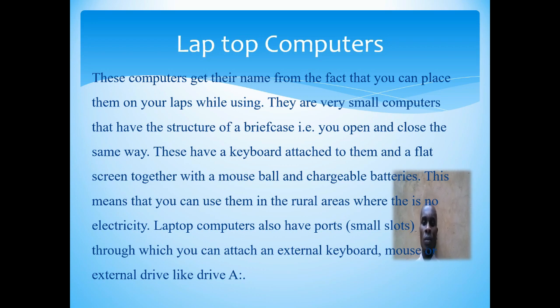They have a keyboard attached and a flat screen, together with a mouse pad and attachable batteries. This means that you can use them in rural areas where there is no electricity. And we said that laptop computers also have ports, that is, small slots through which you can attach an external keyboard, a mouse, or an external drive like a flash disk.